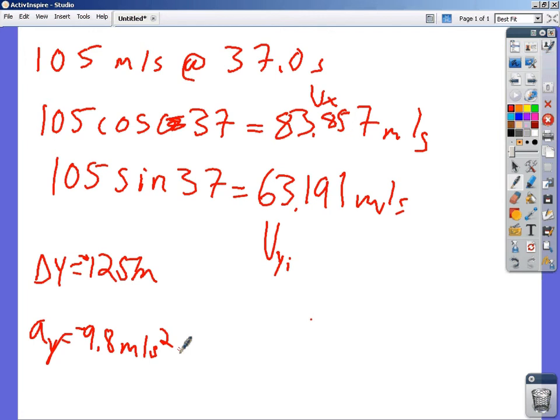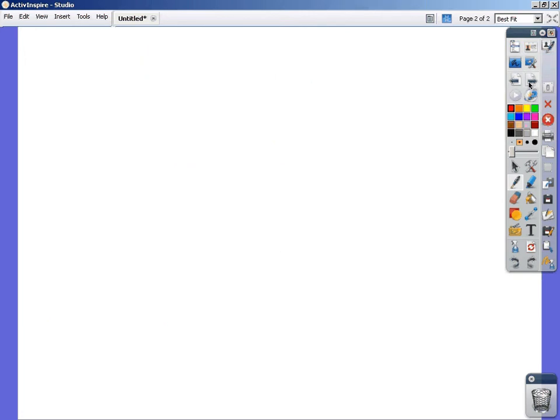So this is actually a good time for me to show you how the calculator can be used here. All right, if I want to determine time and I know delta y is negative 125. What was the initial y? Initial y is 125. Point 191.